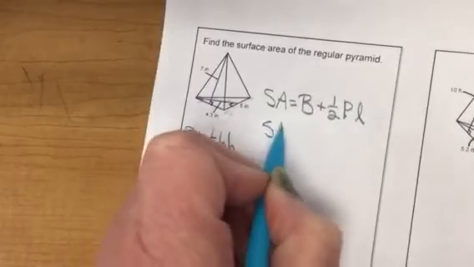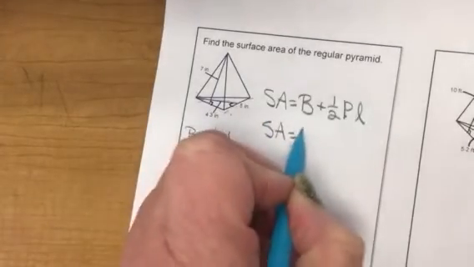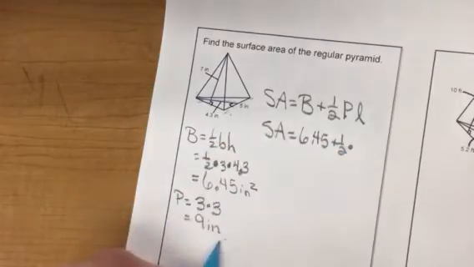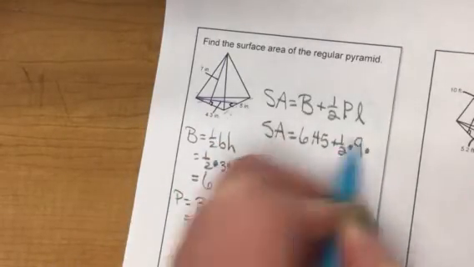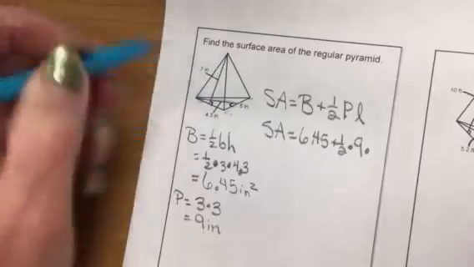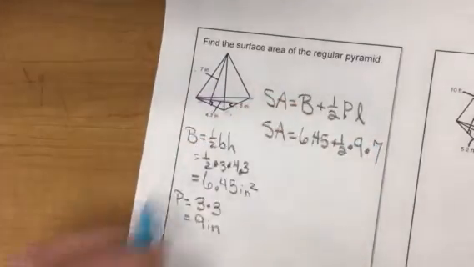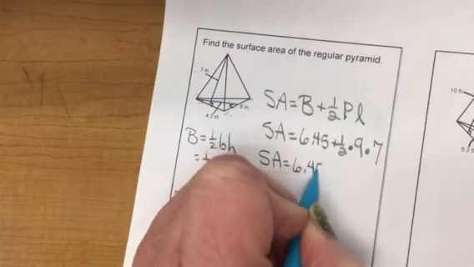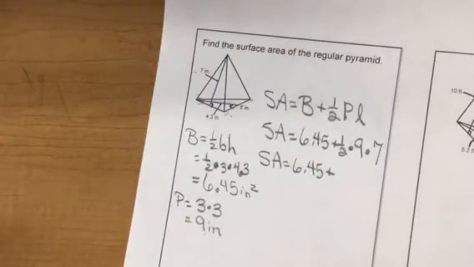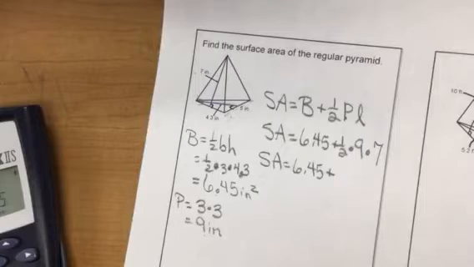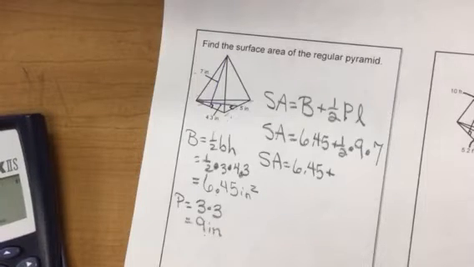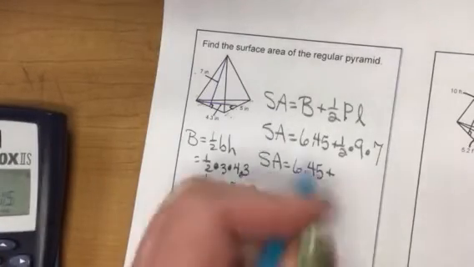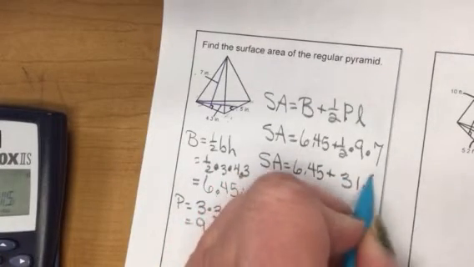So my surface area is 6 45/100 plus 1/2 times 9 times the lateral height of 7. 6 45/100 plus 1/2 times 9 times 7. Again, I punch in my calculator, 31 5/10.